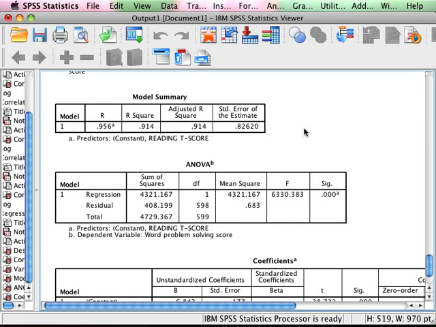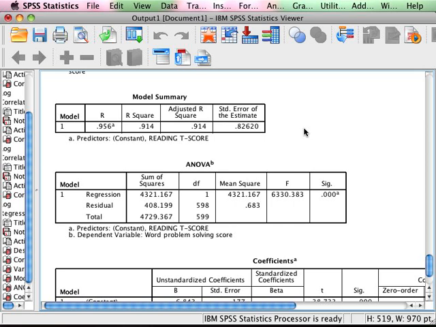And again, I'm asking what percentage of the variance in word problem solving scores can be explained by reading scores? How many people like the 0.956? How many people like the first 0.915? How many people like the second 0.915? Hey, great, fantastic, excellent job.